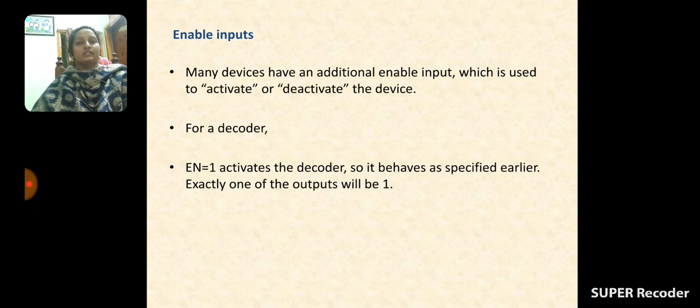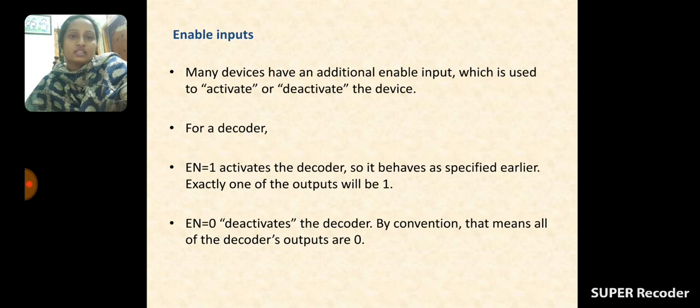So by application of the enable signal only, the output is changed after the application of input. If the enable signal is not there, even though the inputs are present, the output is not changed.